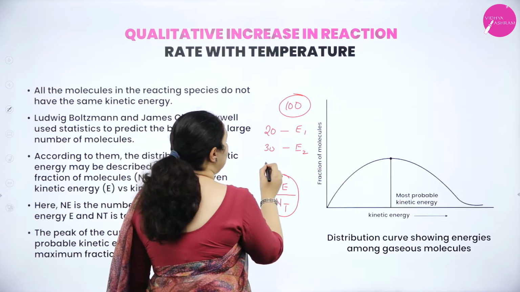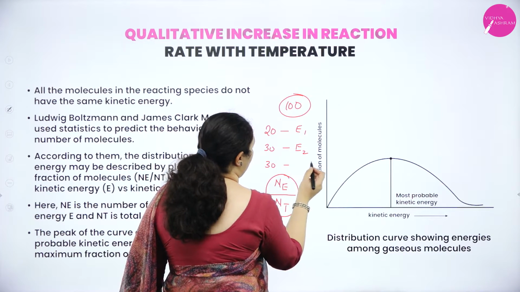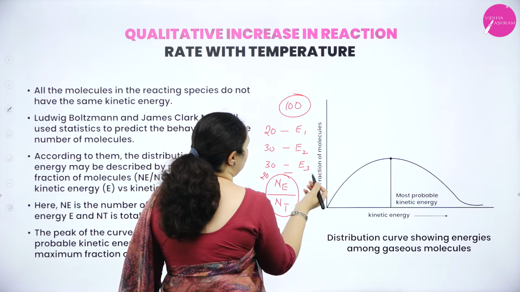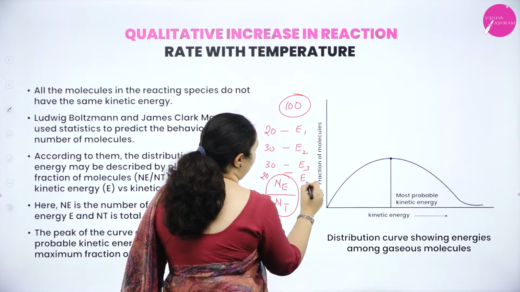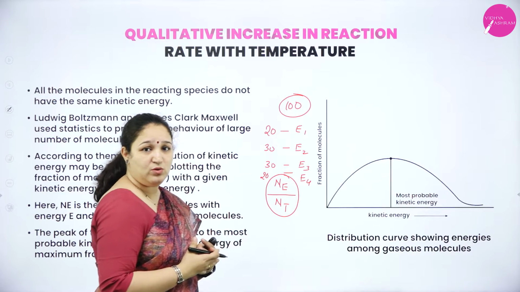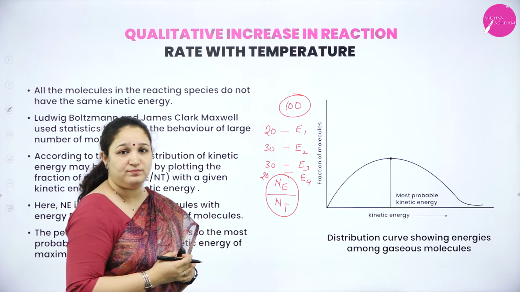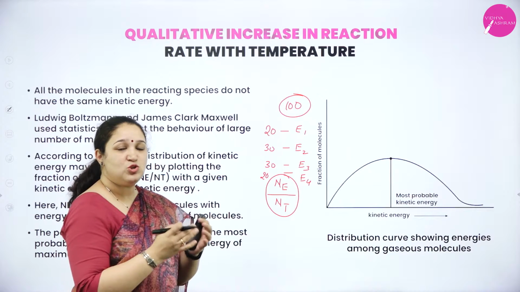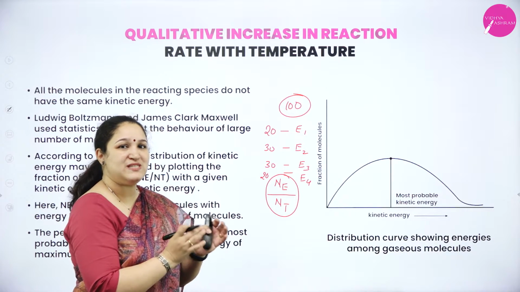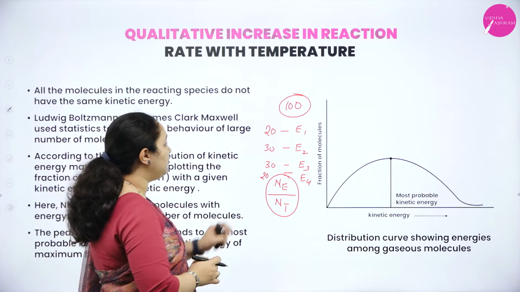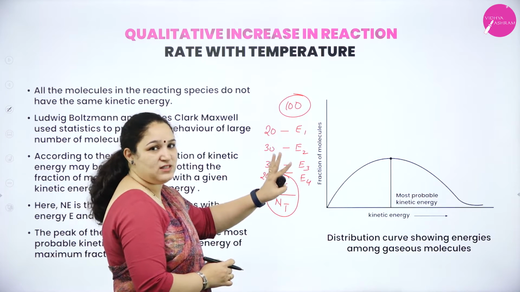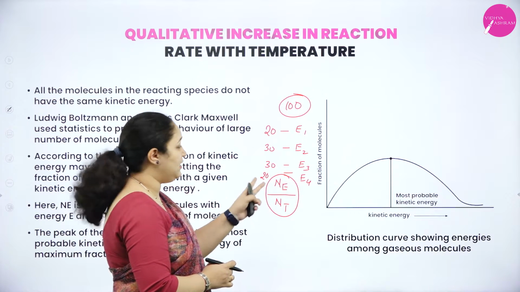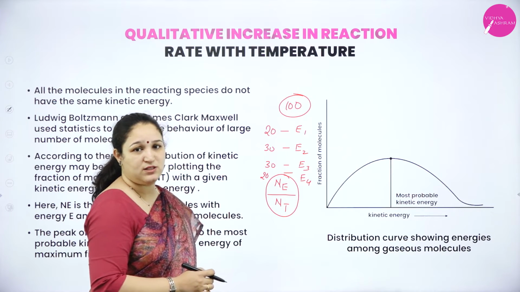Other 30 have E3 and another 20 have a different energy E4. So all the molecules will not have the same energy. I told you different molecules will have different energy. So we grouped the molecules with similar energy and found that 20 molecules have energy E1, another 30 have E2, another 30 have E3, another 20 have E4 energy.